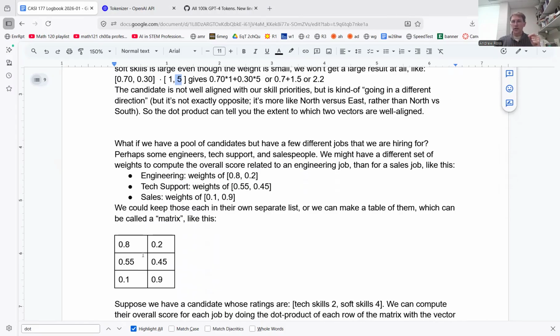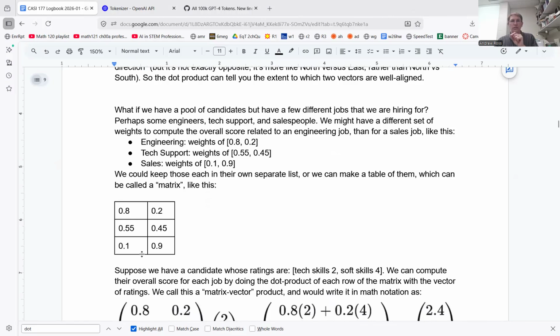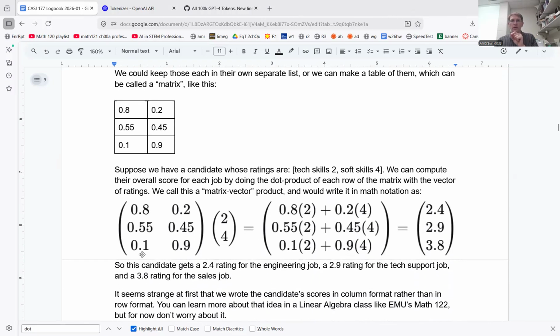Suppose we have a candidate whose ratings are tech skills of 2, soft skills of 4. We can compute their overall score for each job by doing the dot product of each row of the matrix with the vector of the candidate's ratings. We call this the matrix vector product. And in math notation, we would write it as this 3-row, 2-column matrix times the column vector 2 above 4.